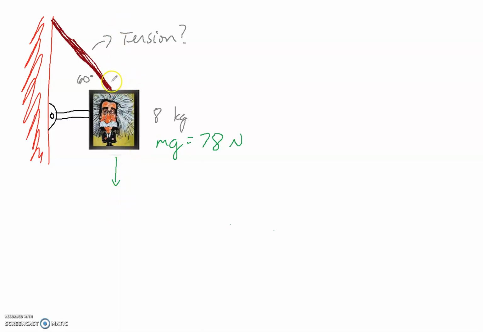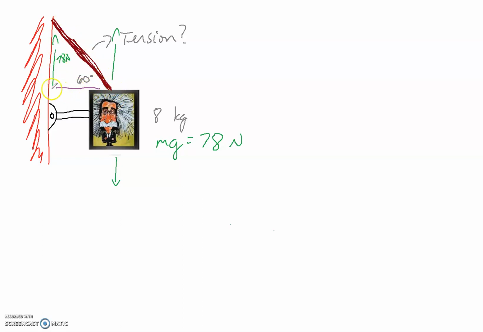You could draw it here if you want to, or a lot of people will actually draw it here so they can visualize the triangle a little better. It doesn't make any difference. But this is 78 newtons pulling up. Well, this is just a right triangle. I've got the sideways part right there.